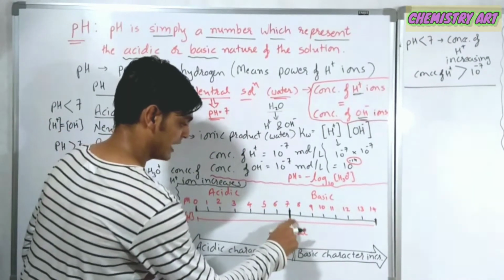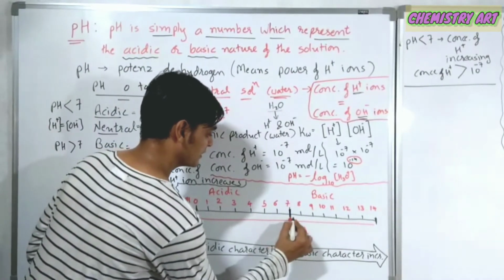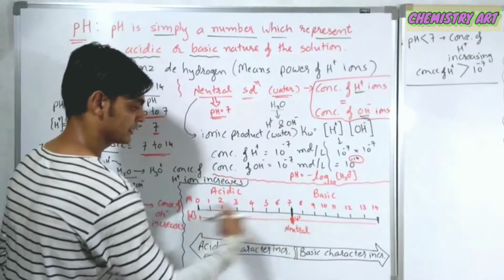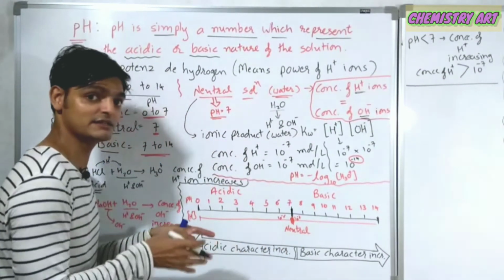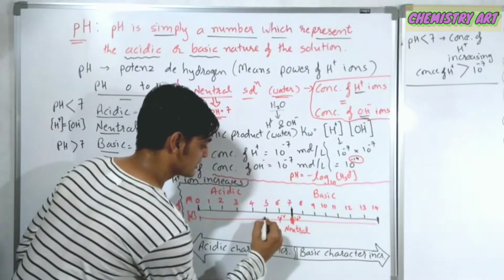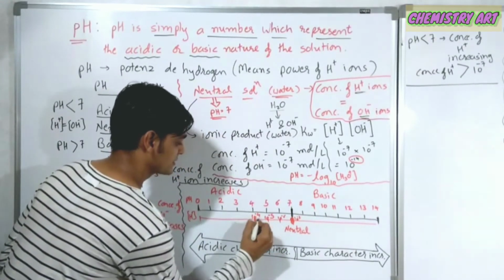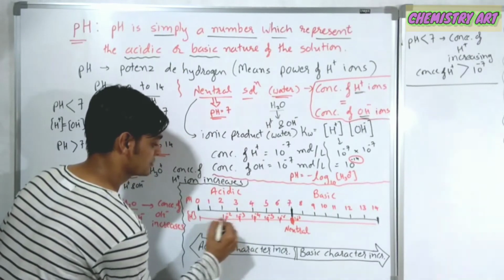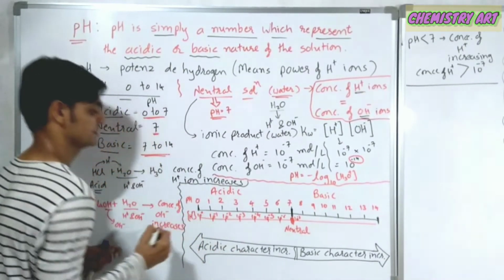At neutral, the concentration of H plus will be 10 to the power minus 7. Here the concentration increases: 10 to the power minus 6. See, it is a minus power, that's why increasing. Here 10 to the power minus 5, here 10 to the power minus 4, here 10 to the power minus 3, here 10 to the power minus 2, then 10 to the power minus 1, and 10 to the power 0.